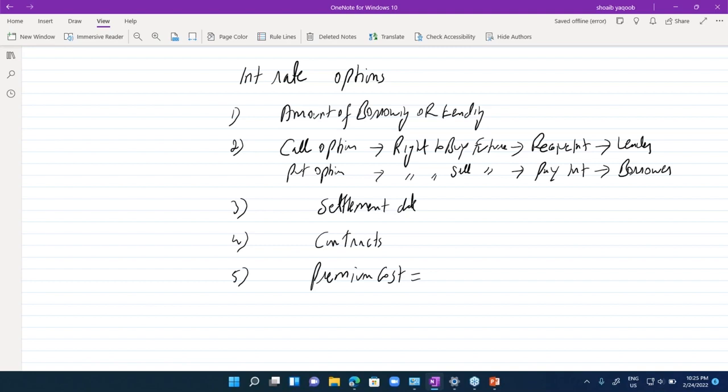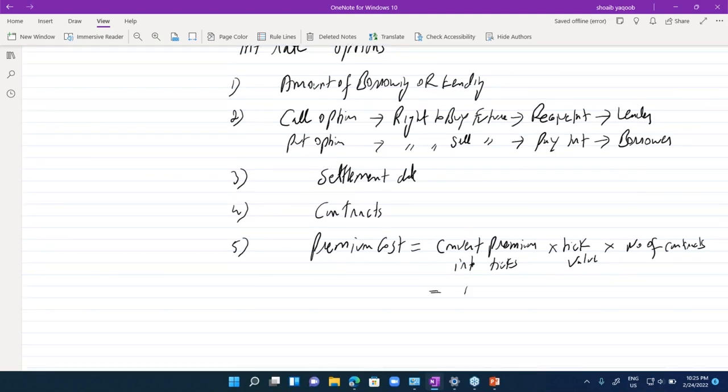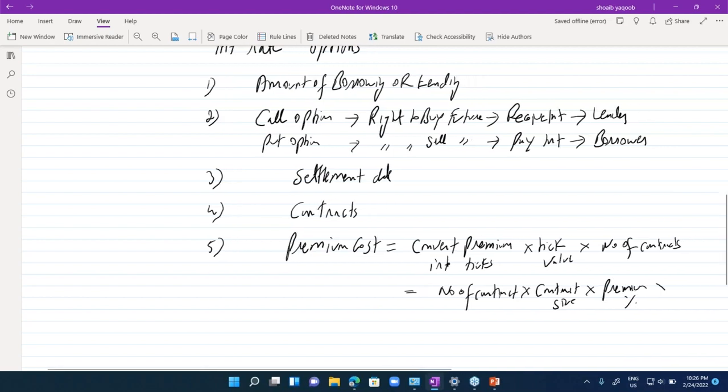Convert the premium into tick value into number of contracts. Or there is another way: number of contracts into contract size into premium in percentage into month portion. 3/12 month portion.